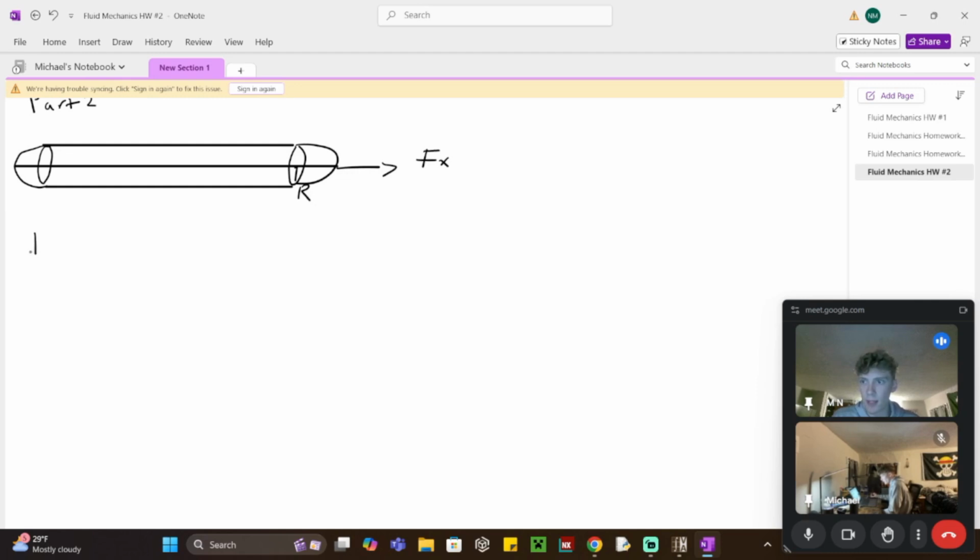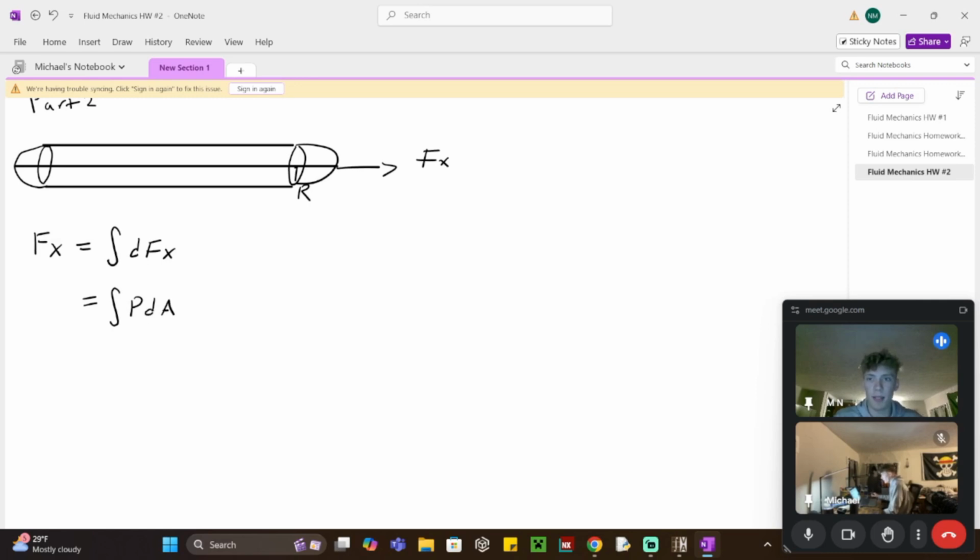So we have Fx equal to the integral dFx. Now, dFx in this case is a pressure force, and we know pressure forces are pressure times some area. So we're going to write that down, P dA.